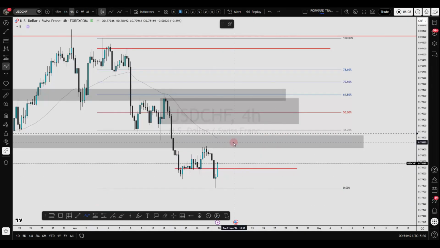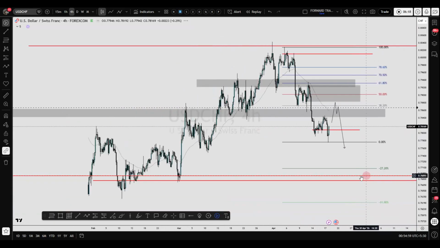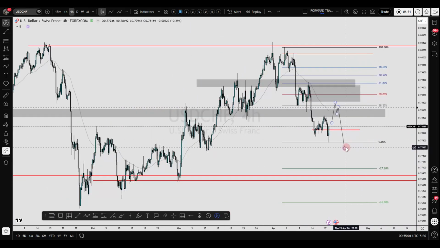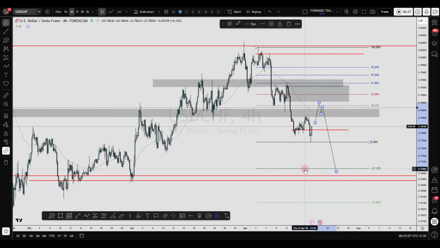So something like this is way more possible. So I'm gonna wait for price to go above 38.2, give me some good rejection towards downside, and then I can start planning for a short. And if I get any good confirmation at around this level, I will target a 1:3 and maybe a little higher towards this low.